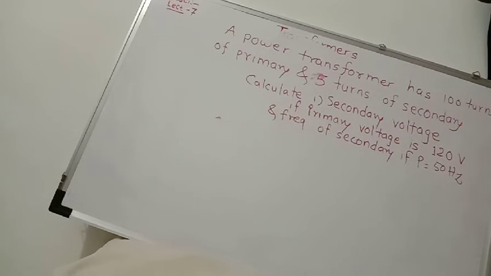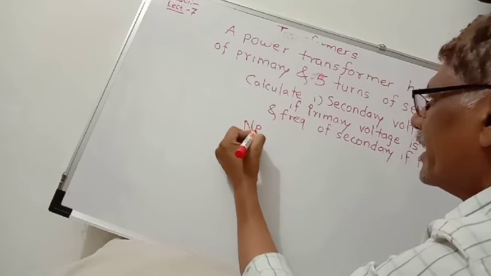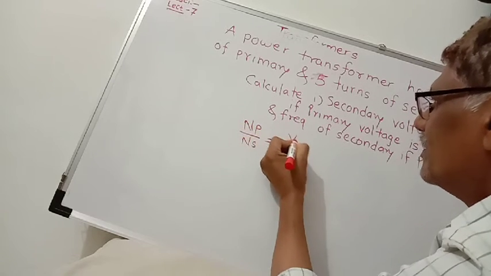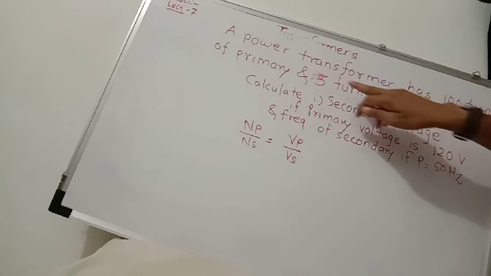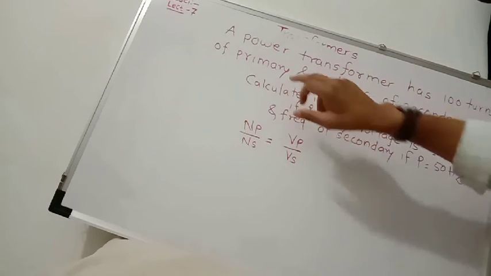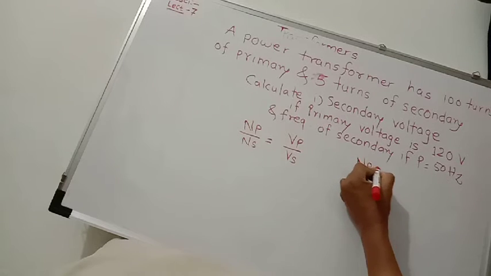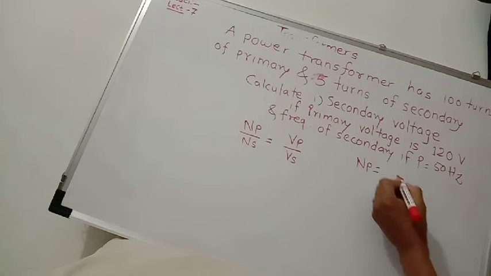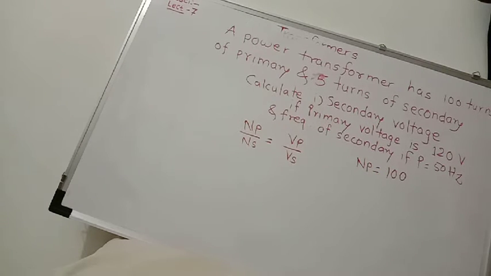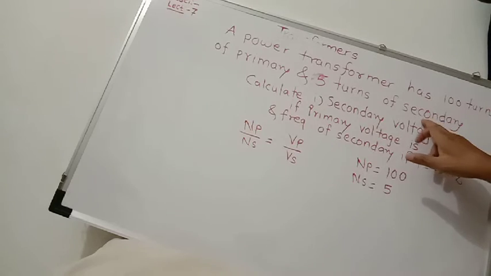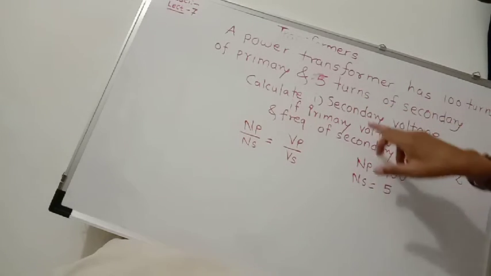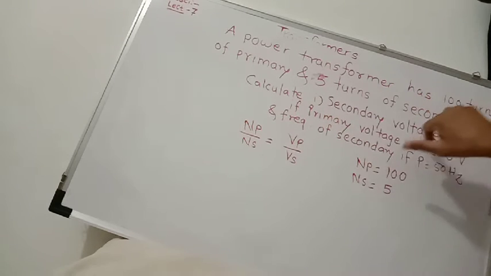We know the transformer ratio, that is the turns ratio: Np upon Ns is equal to Vp upon Vs. Now the power transformer has 100 turns of primary, that means Np is equal to 100, and Ns is equal to 5, since 5 turns of secondary means the secondary turns are given.